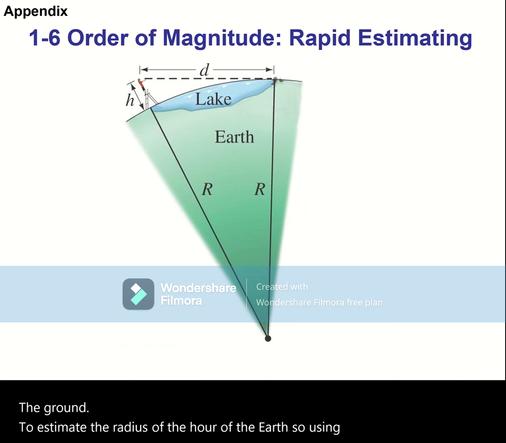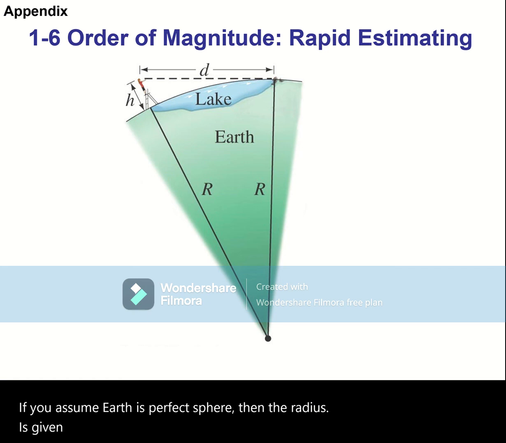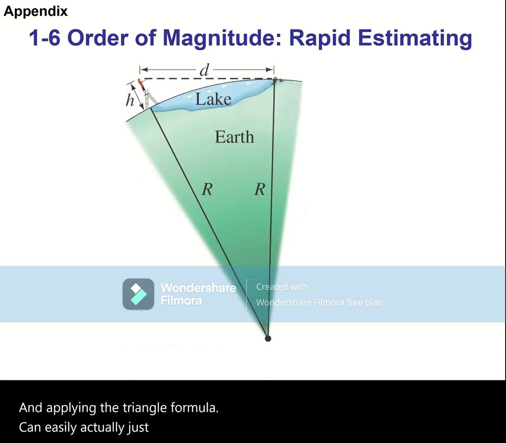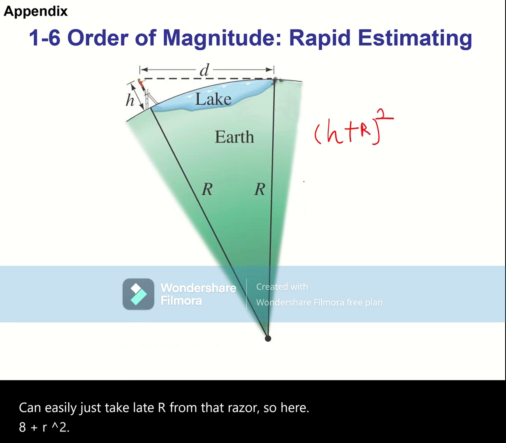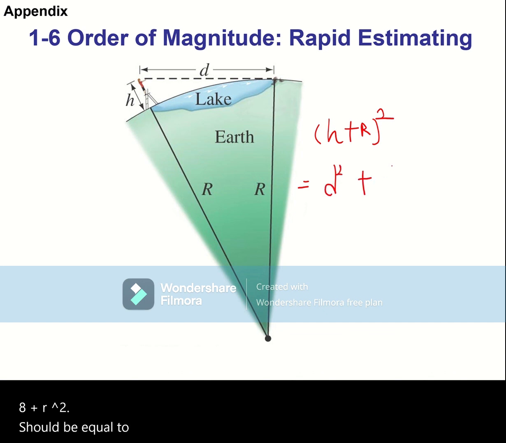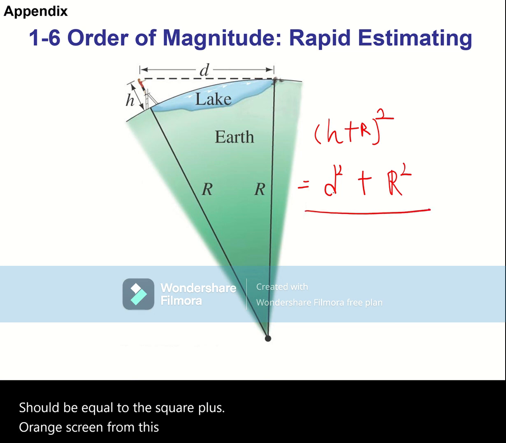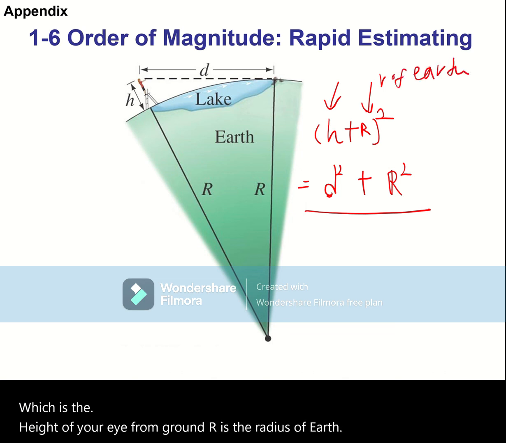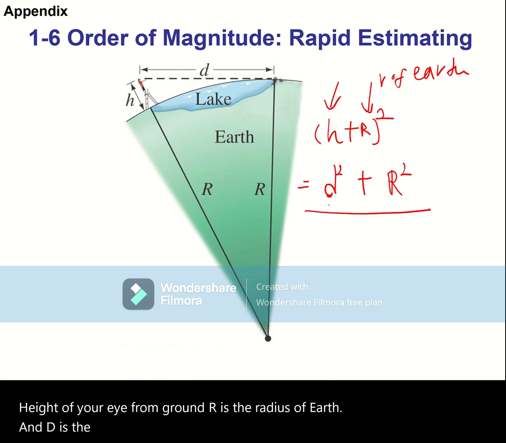So using the triangle formula, if you assume Earth is a perfect sphere, then h plus R squared should be equal to d squared plus R squared. From this formula, h is the height of your eye from the ground, R is the radius of Earth, and d is the distance across the lake.